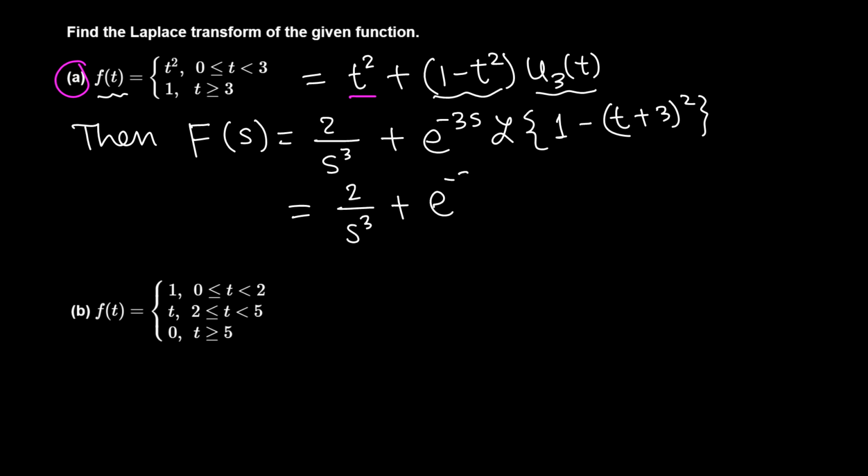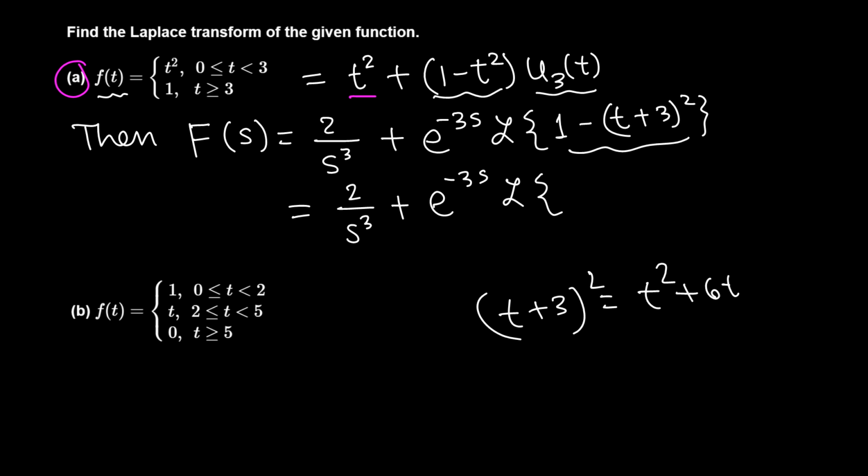This is Laplace of, we need to simplify inside, this is (t plus 3) squared. (t plus 3) squared is in fact t squared plus 6t plus 9, basically FOIL, and we have a negative in front, so negative t squared, negative 6t, negative 9, and we have the 1, so minus 8.